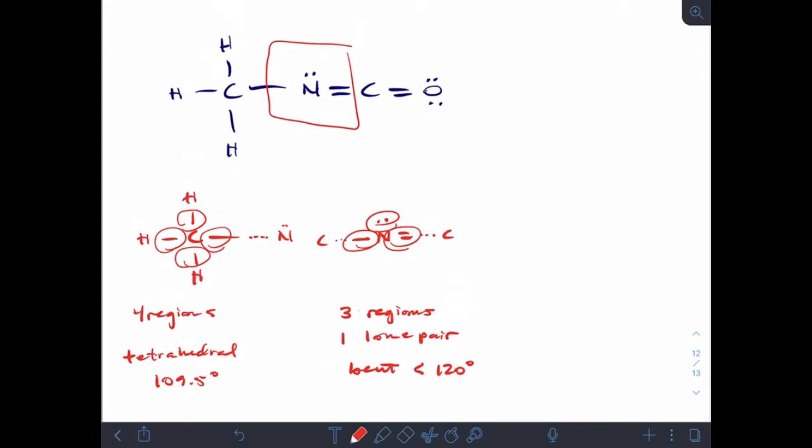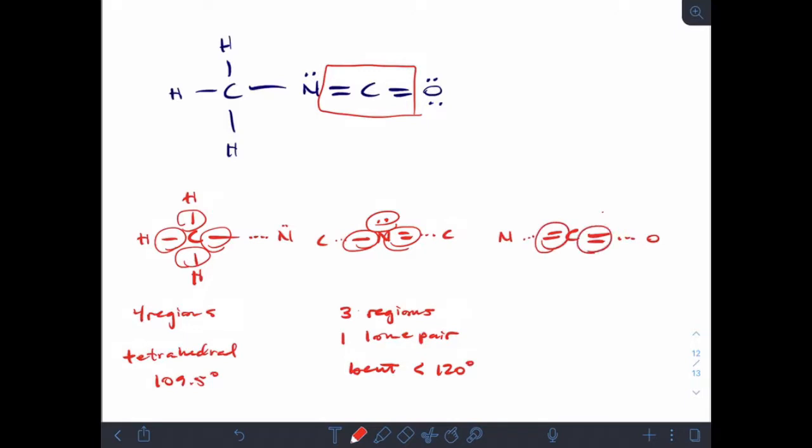Now if we look at our third central atom, our other carbon, I have a carbon double bonded to a nitrogen and double bonded to an oxygen. So I have 1, 2 regions of electrons.